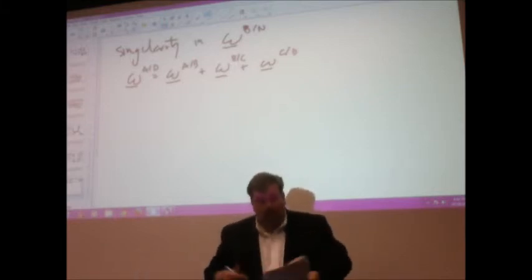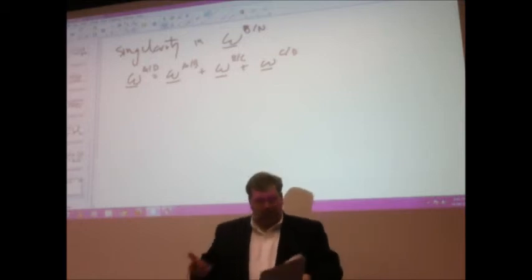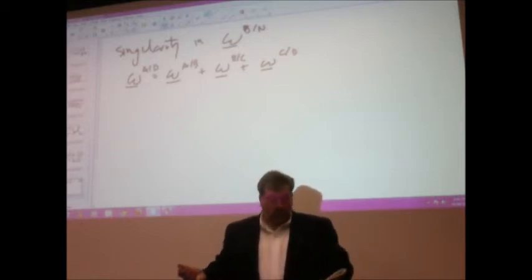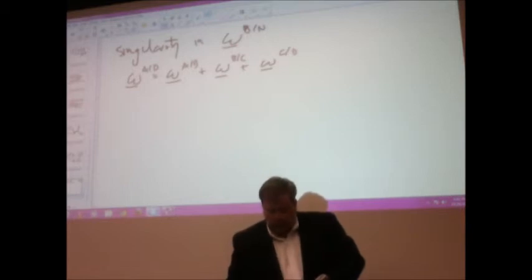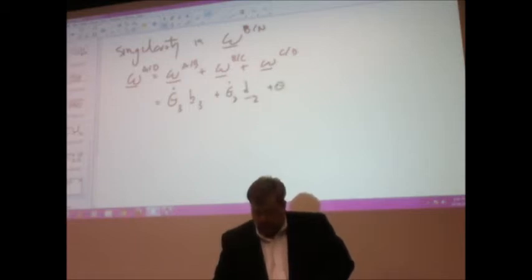I don't know. Anyway, this is how you write down the angular velocity of D relative to A. It requires these 3 angular velocities. And these are really straightforward. I could write them down as the following scalars. Theta 3 dot along the B3 axis, whatever that is, plus theta 2 dot along the D2 axis, plus theta 1 dot along the A1 axis.